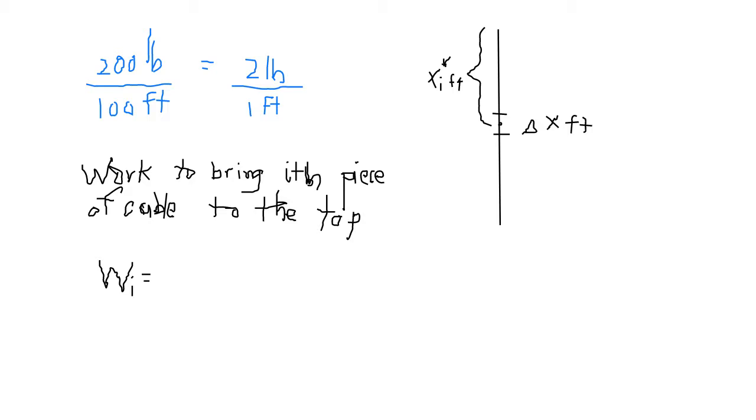So I need to find my F sub I times my D sub I. The force I need to apply to this ith piece of rope times the distance needed to bring the ith piece of rope to the top.